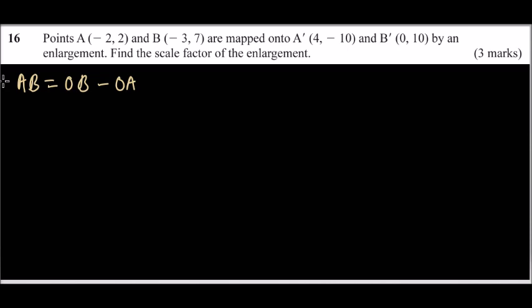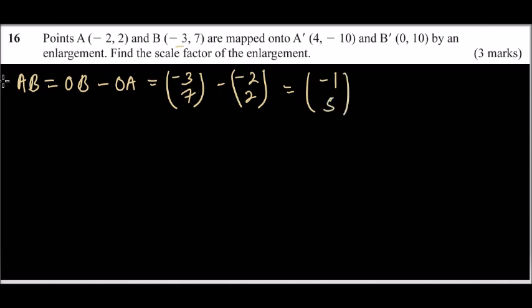OB you get by writing the coordinates of B in column form, so that will be (-3, 7). Minus OA, which is (-2, 2), the coordinates of A in column form. This should give you 3 minus minus 2, which is the same as -3 plus 2, that will give you -1, and then you have 7 minus 2, that will give you 5.